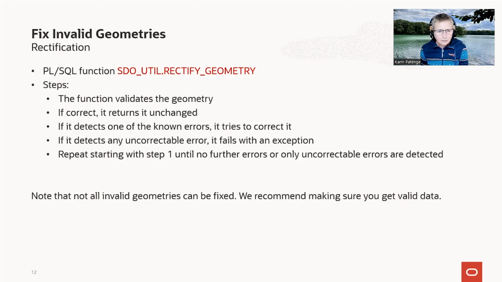So you will see that not all of the invalid geometries can be fixed, but we were able to fix quite a lot of those over the past years. I've worked with customers and partners. This was one of the methods that is best practice to be used.